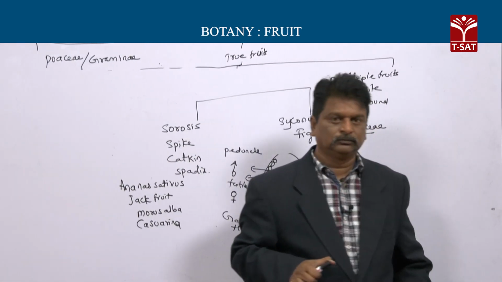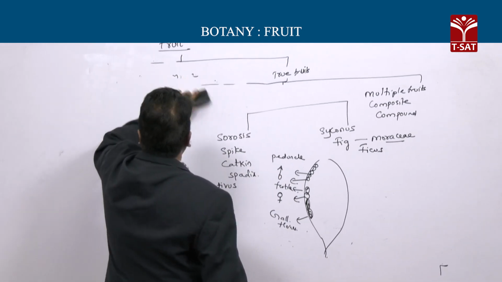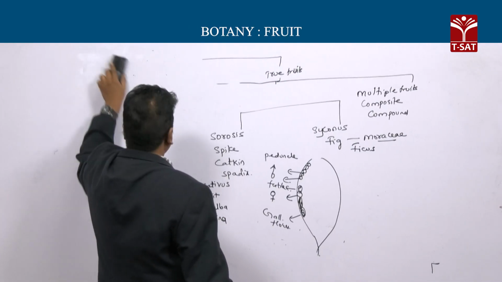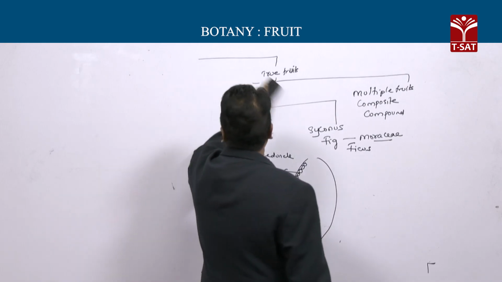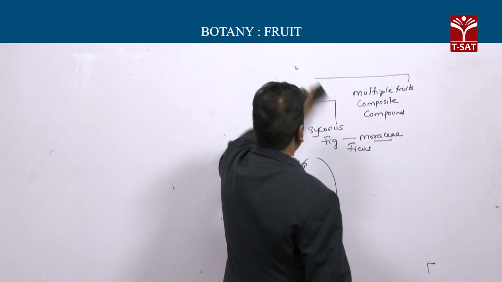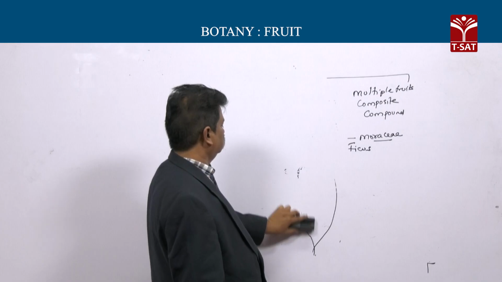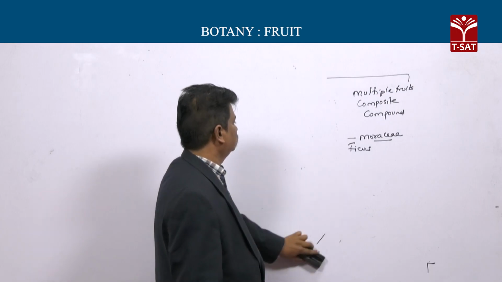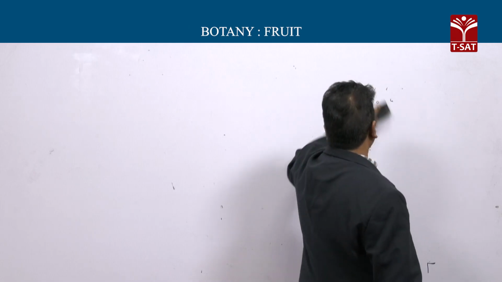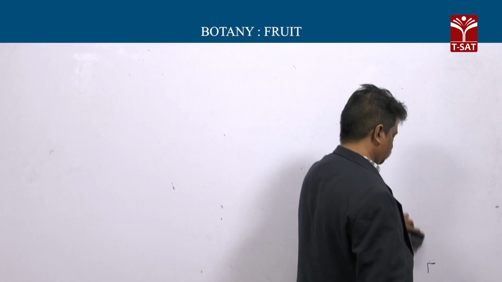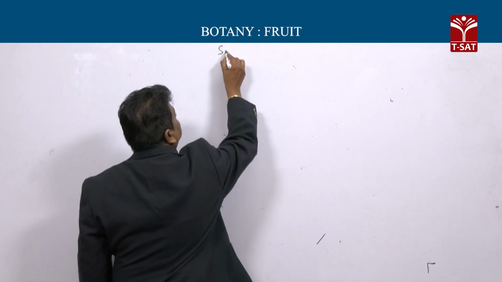So, this is about fruit. After this, there is one small topic, that is the structure of seed. So, what is a seed? Seed means a fertilized ovule. After fertilization, the ovule is converted into a seed, and the ovary is converted into a fruit.